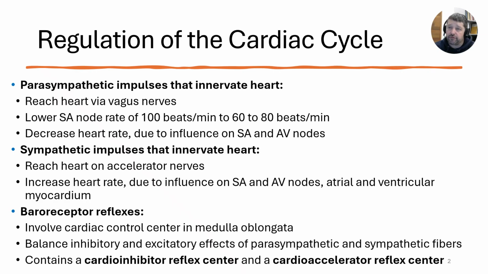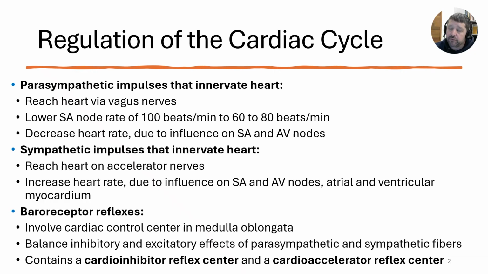So if those arteries or vessels are really stretched, it indicates high pressure, and it will send a signal to potentially lower the heart rate, or increase the heart rate. It just depends on what's going on.